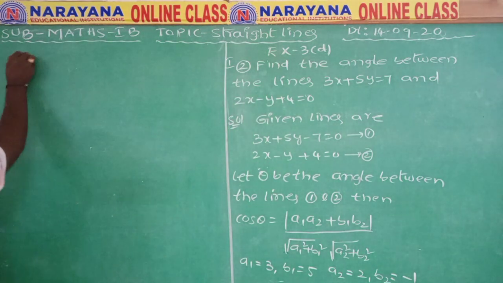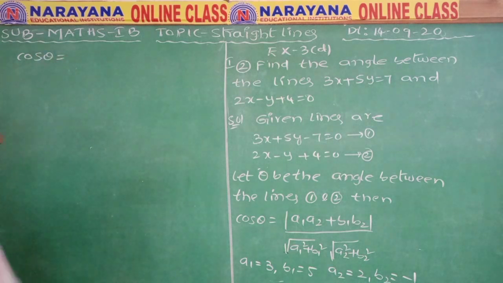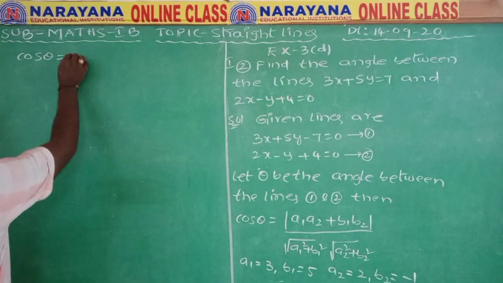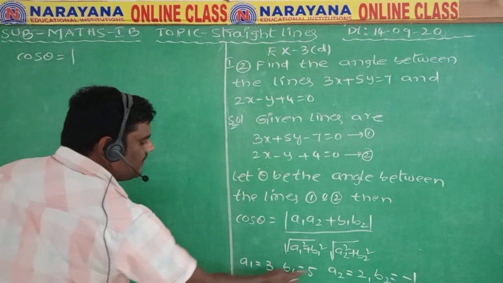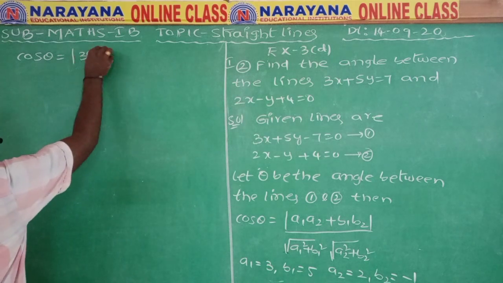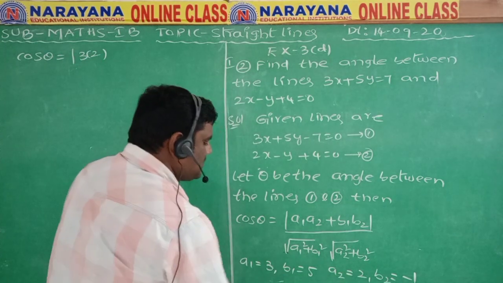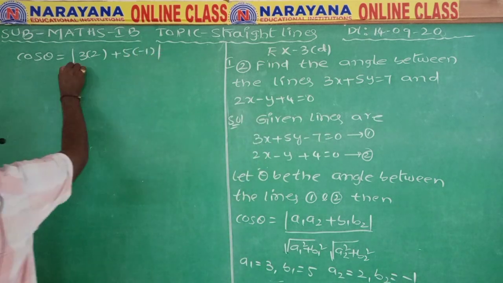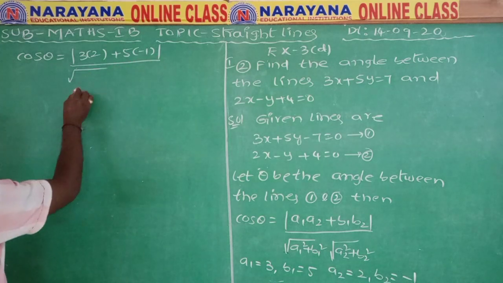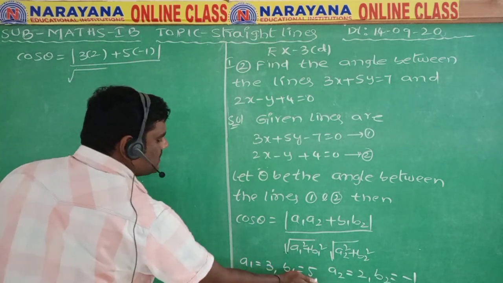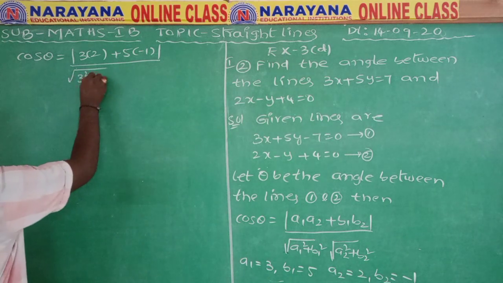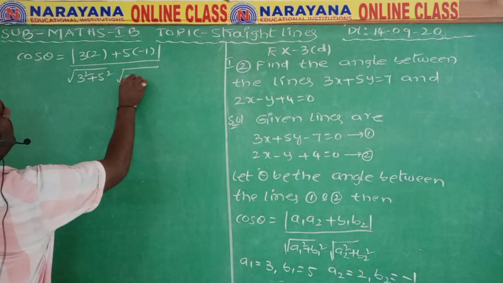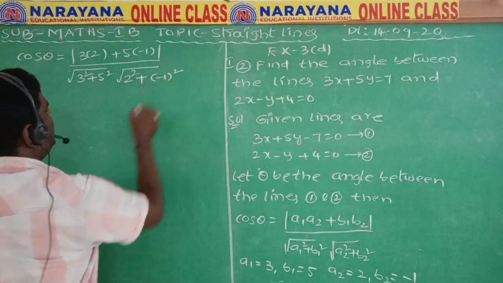Then we have cos theta, applying all these four values in this formula. Cos theta = (3 into 2 + 5 into -1) / (root over 3 square + 5 square × root over 2 square + (-1) square).